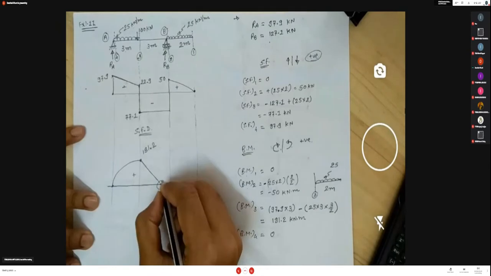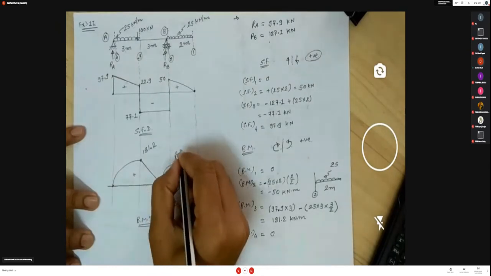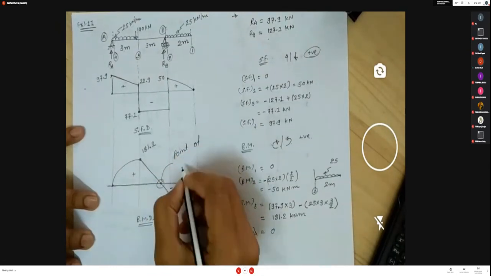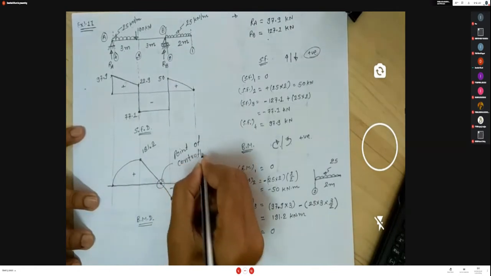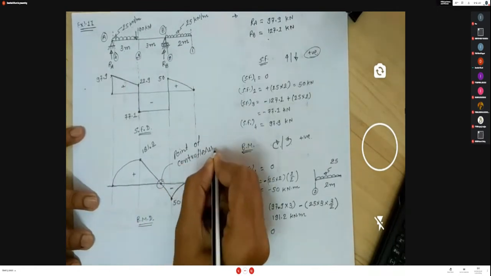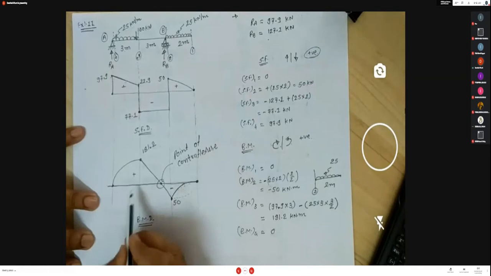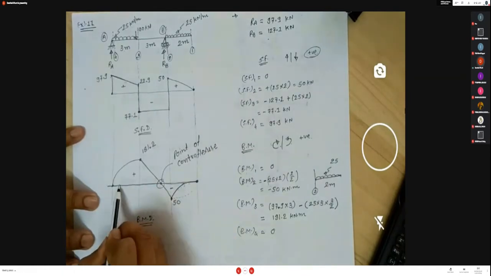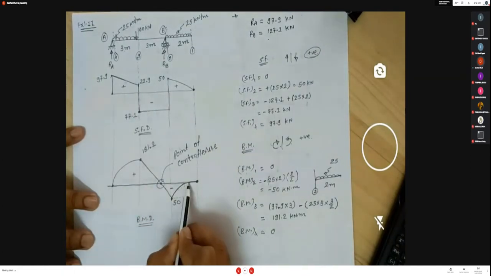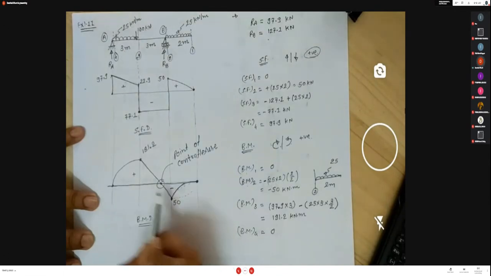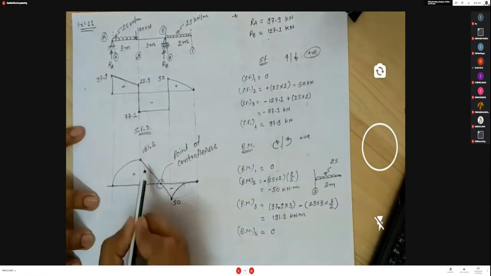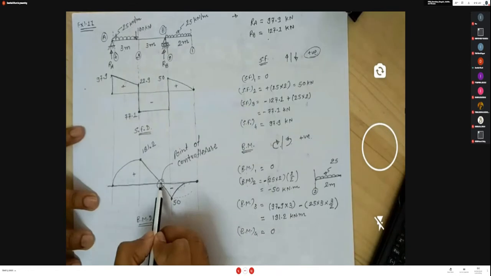So this point is known as the point of contraflexure, because the bending in this portion is opposite to the bending in this portion: here negative bending, here positive bending. So at this point there is a contraction of upward bending and downward bending, so it's known as a point of contraflexure.